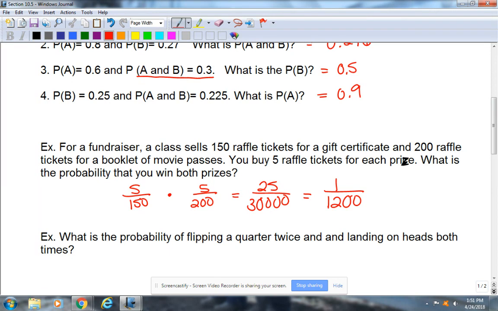And I want you to flip it 20 times, and I want you to keep a tally of every time you land on heads. Okay? So exactly 20 times, and keep a tally of how many times you land on heads. Ready to go.